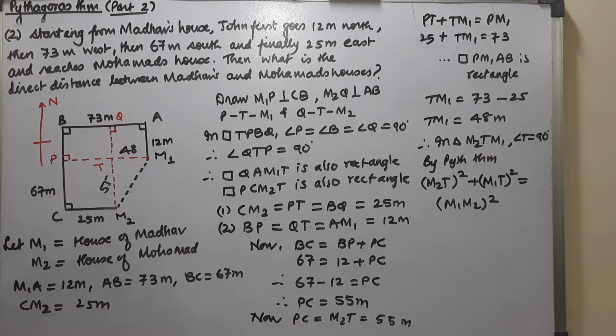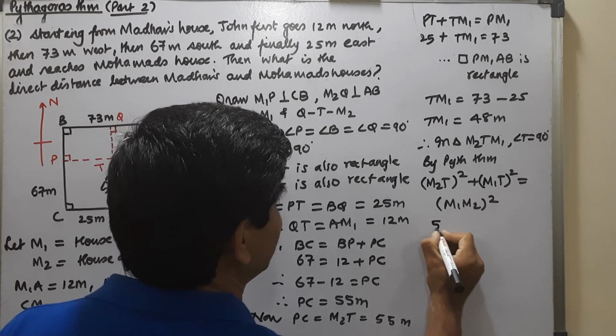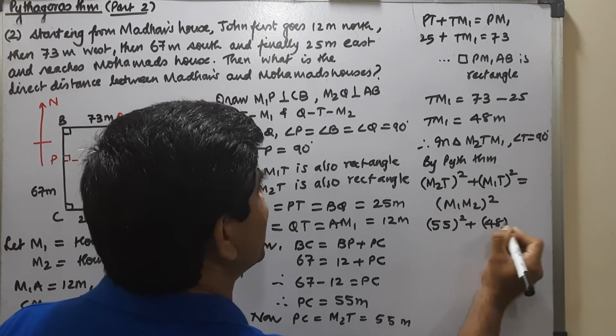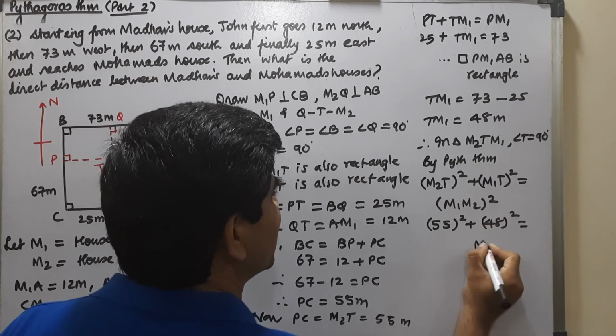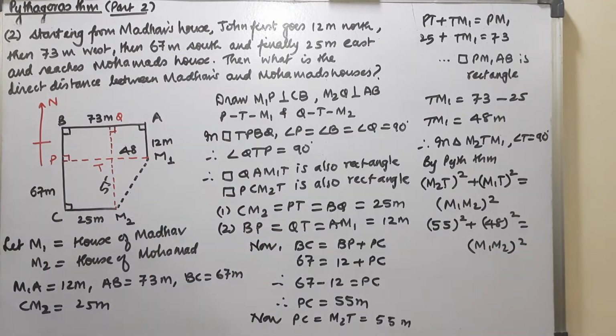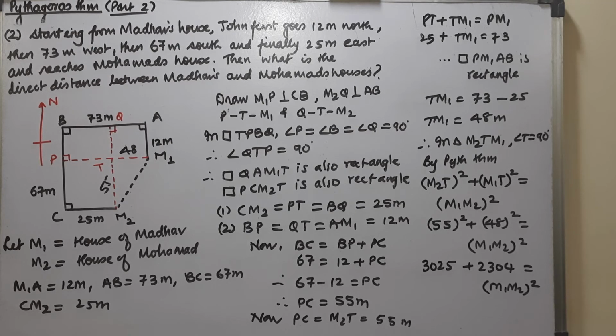So M1T is your 48 and this is your 55. So you get 55 square plus 48 square is your M1M2 the whole square. Now you very well know the square of 55 is 3025, and the square of 48 is 2304.